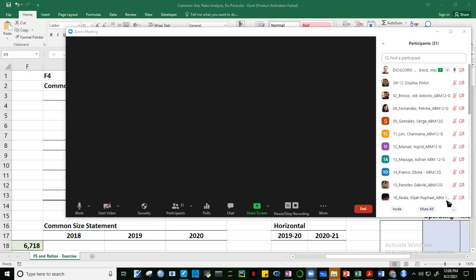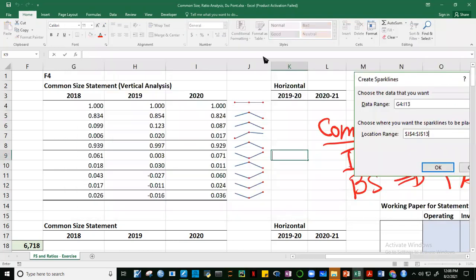Ay, wait. Sorry, may hindi pa ako nasagot. Yung sa Mac users kanina, no? Sa Mac users, can you try, I'm not sure kung Command T siya, no? Pakiya nga, Command plus T. So pupunta kayo dito, no?